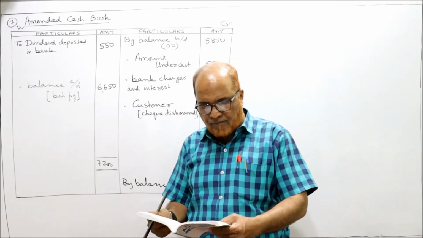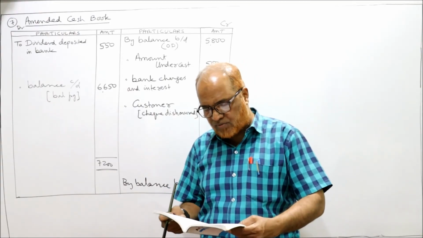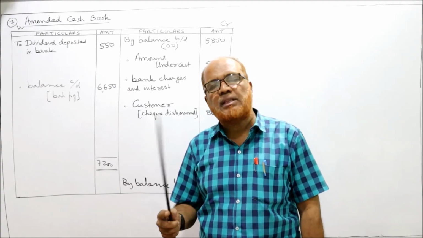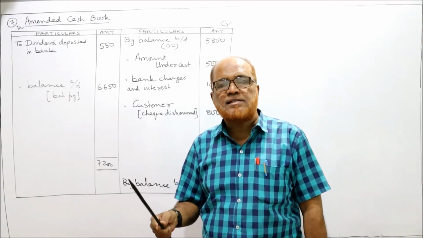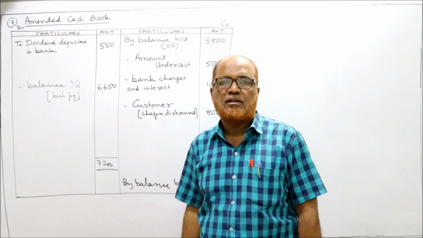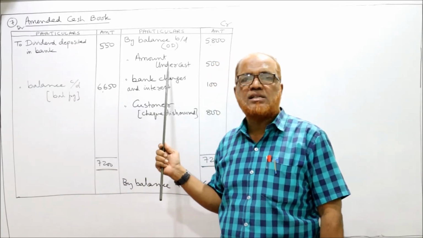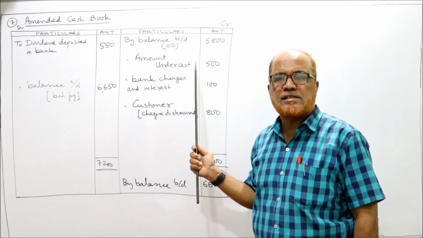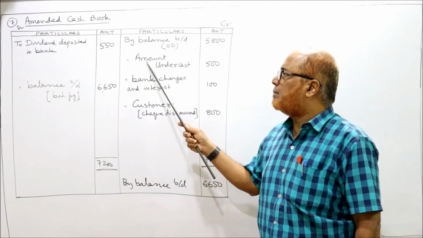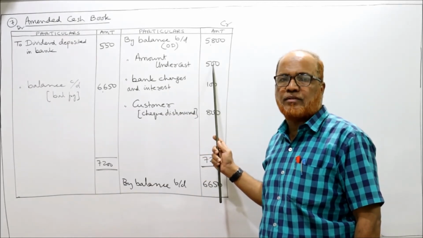Now the first point: the payment side of the cash book has been undercast by rupees 500. Payment side means credit side. The credit side of the cash book has been undercast by rupees 500. Now we have taken the credit side less, so we increase the credit side. So credit side, by amount undercast, 500 rupees.